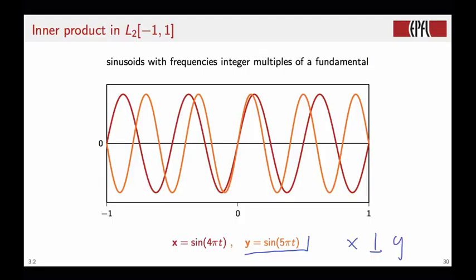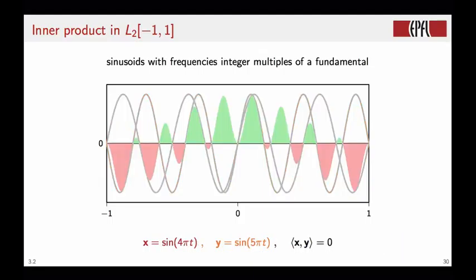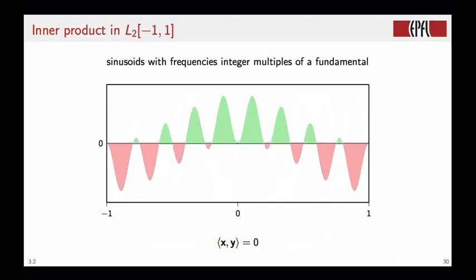Let's first calculate the product of sine 4 pi t and sine 5 pi t. This product is given by the pink or green function depending on the sign of the product. Sometimes the product is positive, sometimes it is negative.